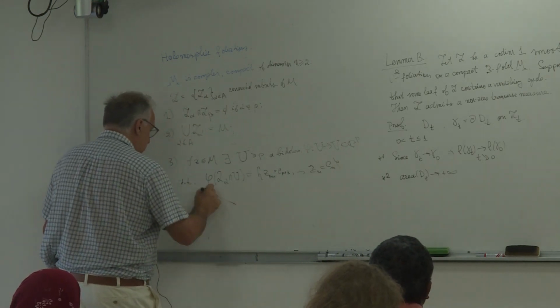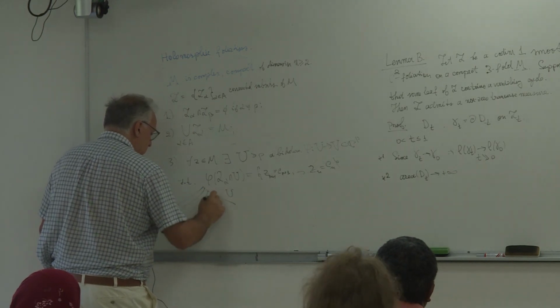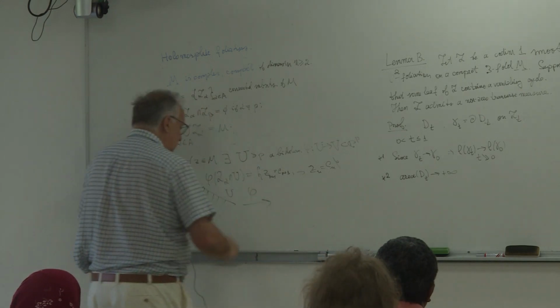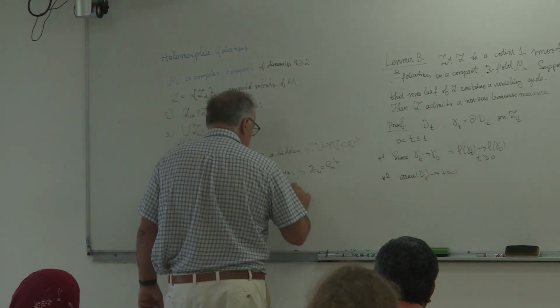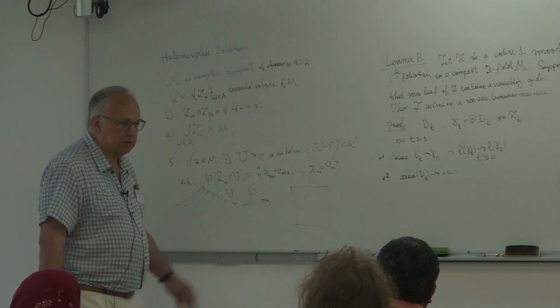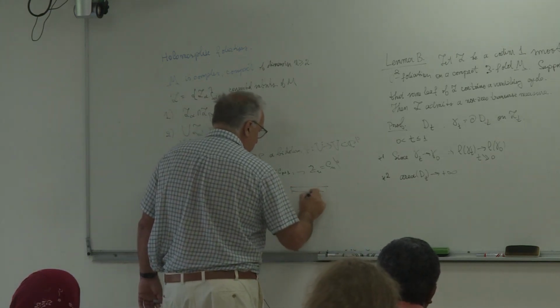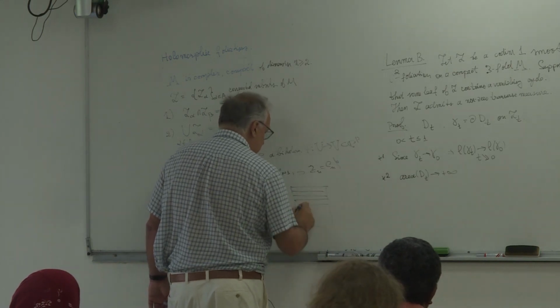So locally, the picture is the same. This is U, these are the sets, and we can straighten this picture to get some polydisk. For example, you can always suppose that V is a polydisk, and these sets are sub-polydisks of appropriate dimension, of dimension p.